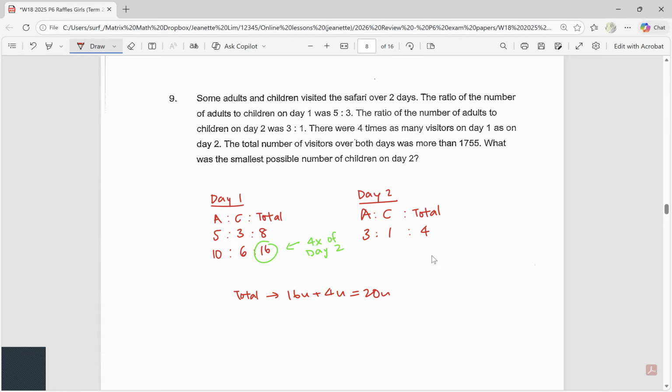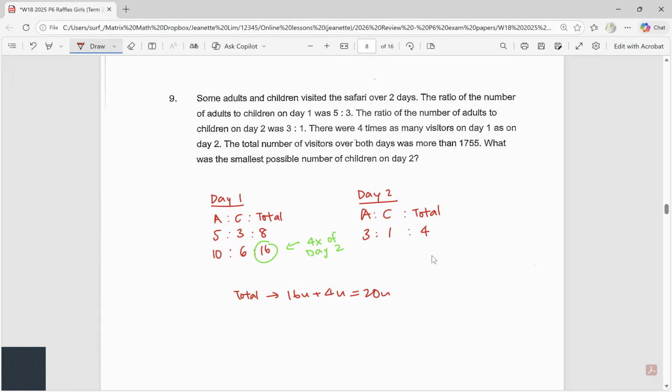This 20 units has to be more than 1755. Let's say if 20 units is 1755, then let's find out what 1 unit is. But it cannot be 1755. It has to be more than 1755.